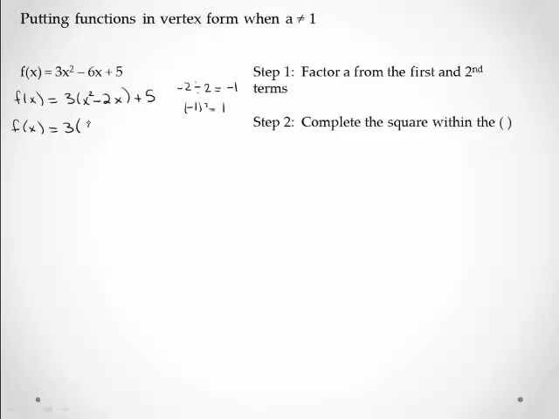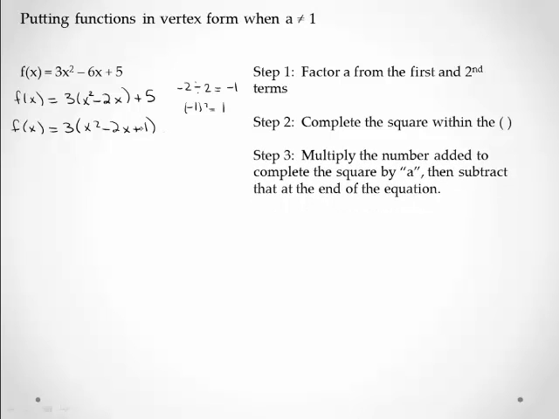So I have x squared minus 2x plus 1. Now, I can't add 1 in here and not account for it also, but I'm not just adding 1, I'm adding 3 because this is 3 times 1. So I have to say 3 times 1, so then I subtract that. So I add 1 here, but that's really adding 3, so I subtract 3. So now I have 3 times (x minus 1) squared plus 2.